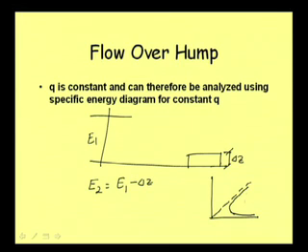Here we can see that at this point, suppose our energy level is E1, and here the hump is there. So, with respect to that, if we measure the energy, it will be E1 minus delta z.